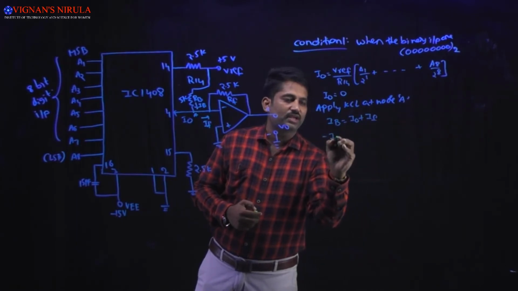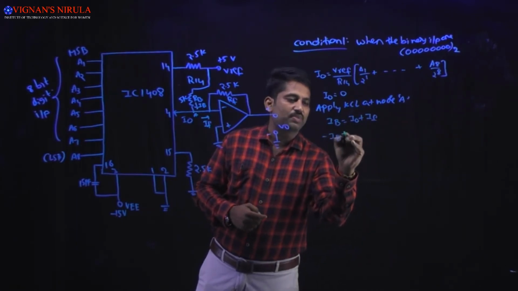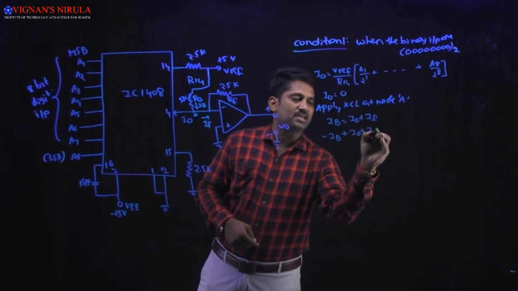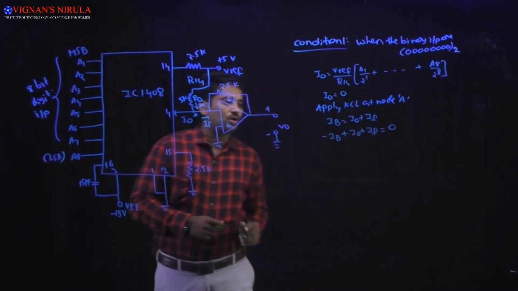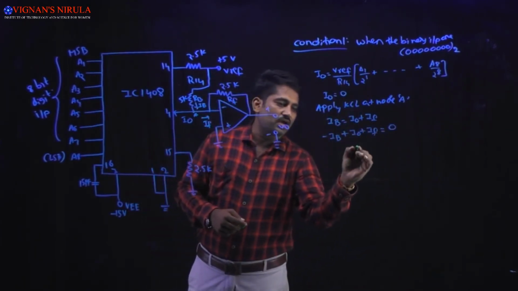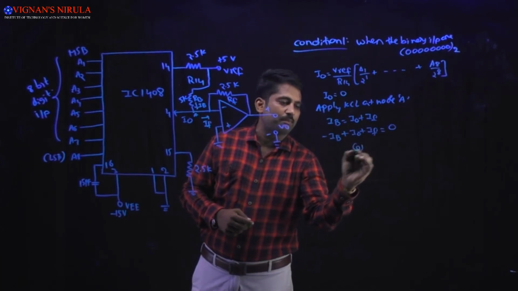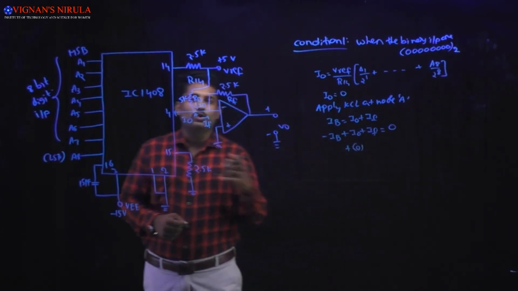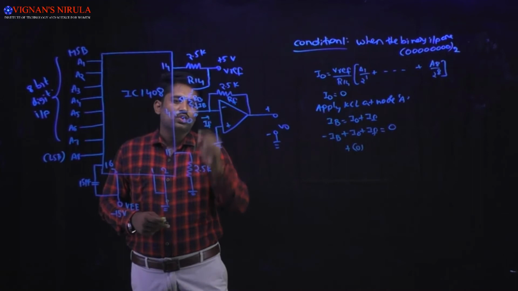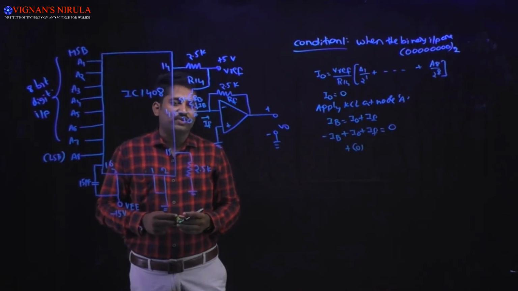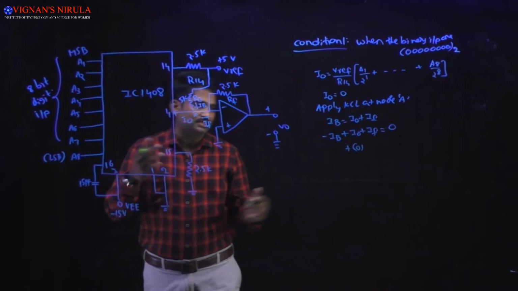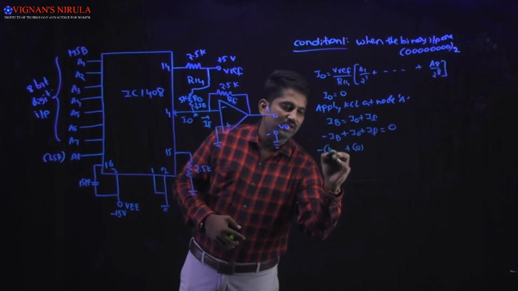So we can rewrite it as minus IB plus I naught plus IF will be equal to 0, and we all know that I naught will be equal to 0 milliamperes plus what about IB? From this circuit we calculated the reference current will be taken as minus 1 milliampere.